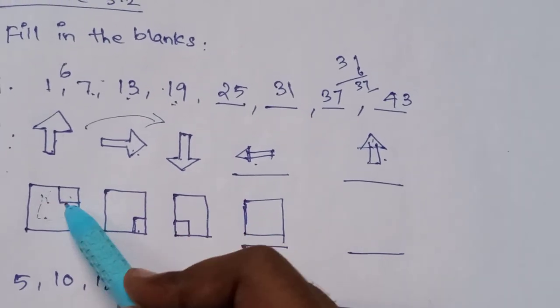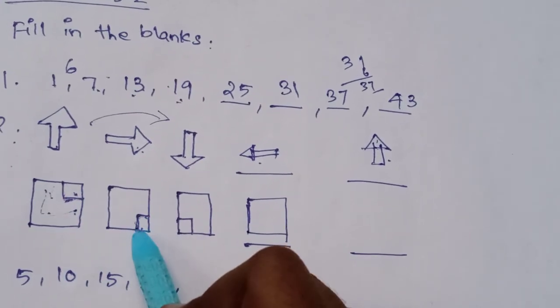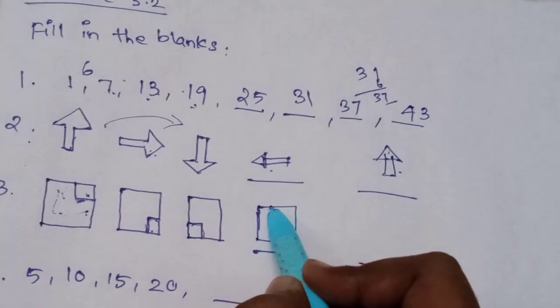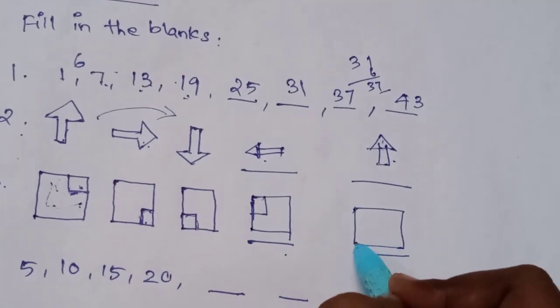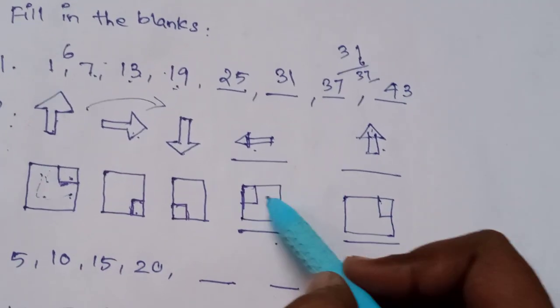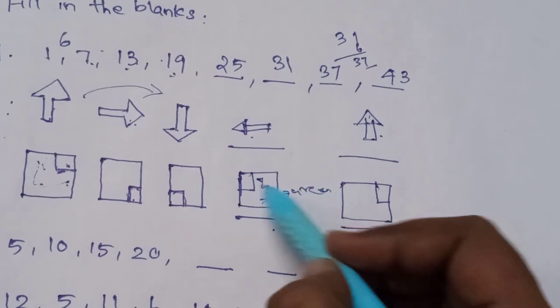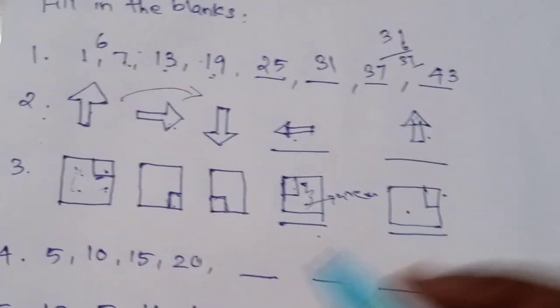So in this corner it is there, then in this corner. Now they have given it in this corner, so we have to draw it in this corner. Then we have to draw as it is like this one. So color this one as green and leave this empty, and color this one as green and leave this one empty.